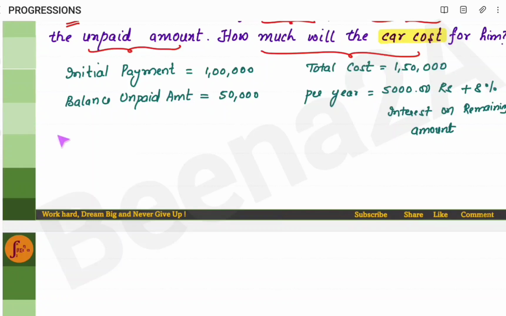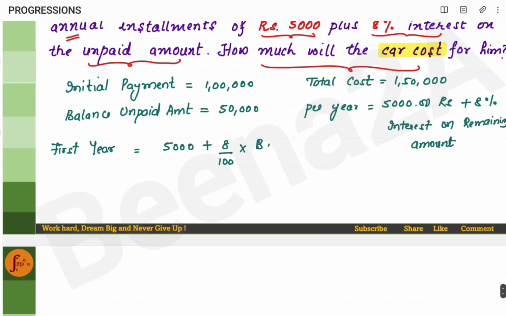Let's take first year, right? First year he'll pay 5,000 rupees plus 8% interest. 8% means 8 by 100. What is 8%? It's 8 by 100 because it's percent. 8% into the balance amount.